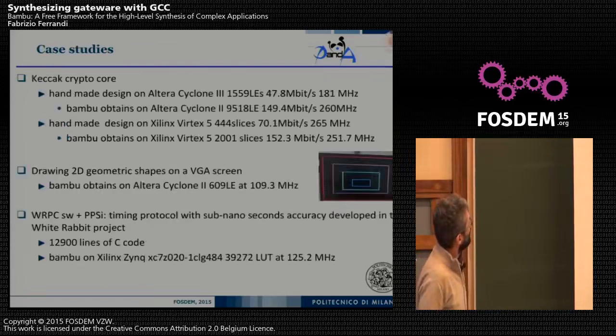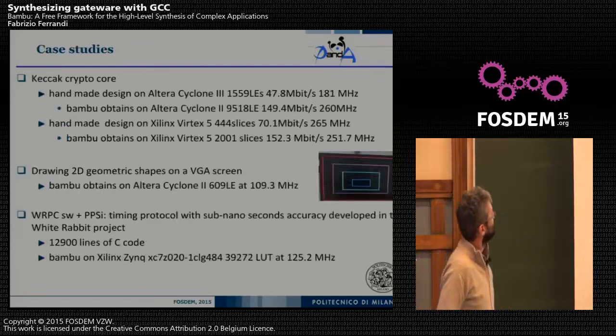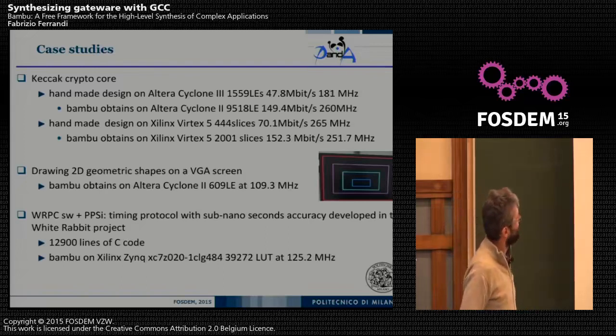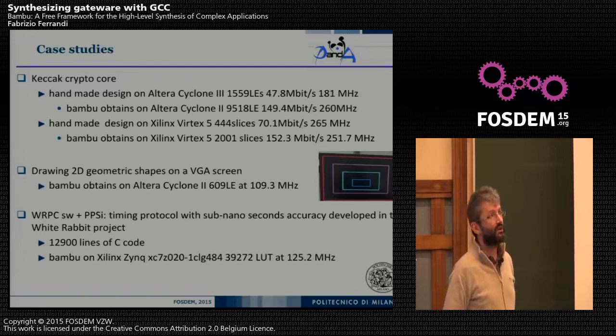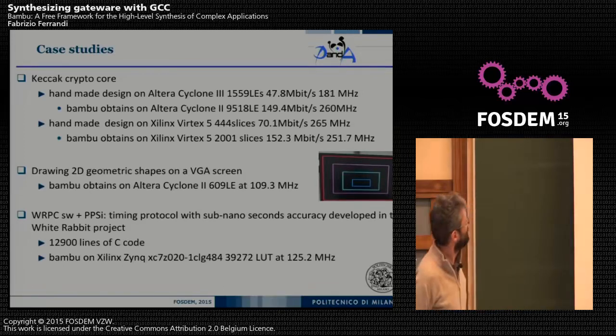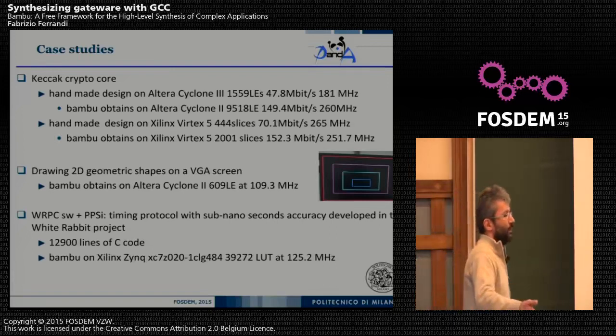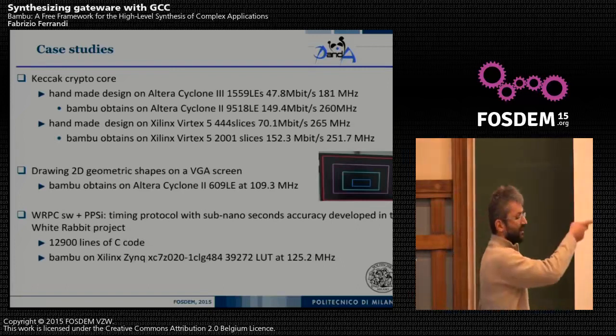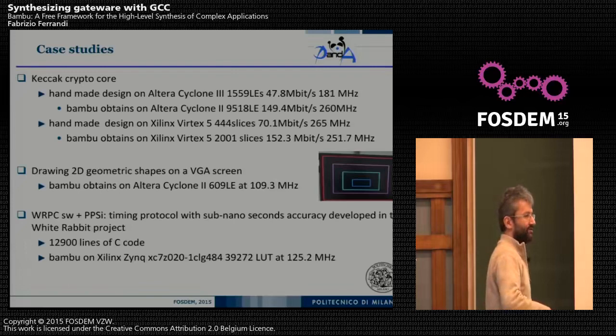Some case studies. So, 3 examples. Keccak is a cryptocore. It was the winner of the SHA-3 competition performed some time ago. We took the C description and compared it with the handmade VHDL developed by the winner of the contest.